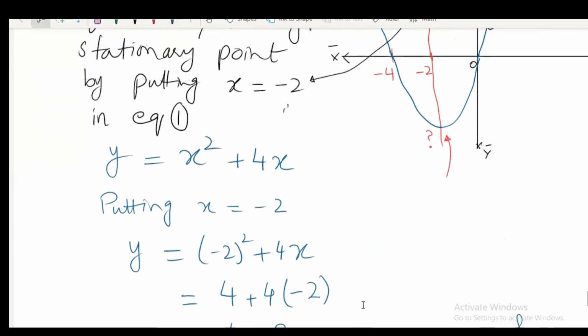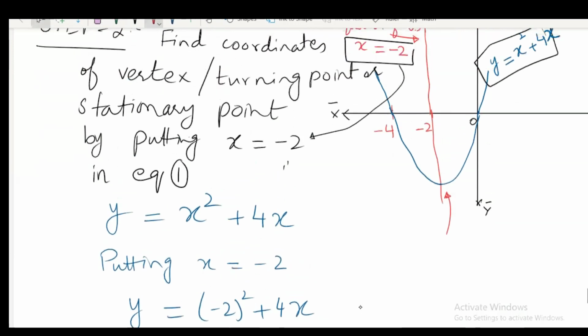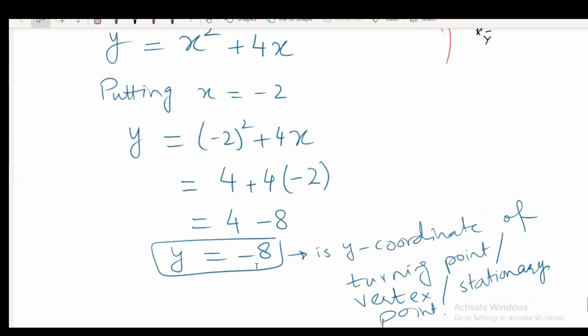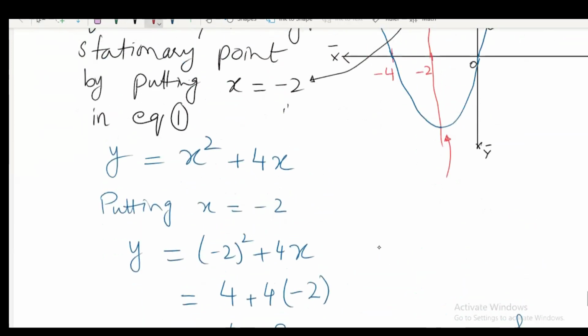So I'm going to write the turning point. The value of x is minus 2 and the y coordinate is minus 8, so the turning point coordinates are (minus 2, minus 8).